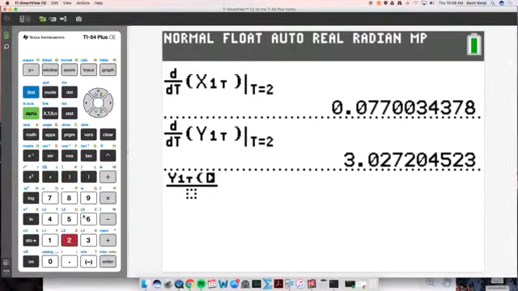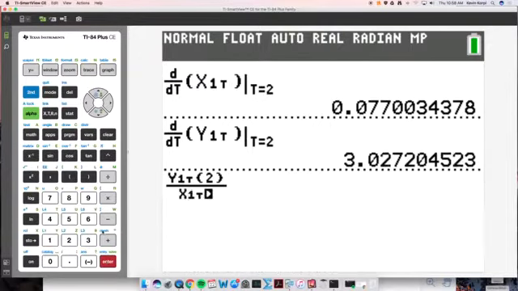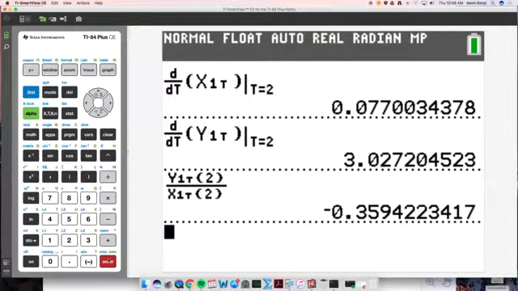Then I open parentheses, put in a 2, and then scroll down, do the same thing, alpha trace, recall what's in number 1, evaluated at 2. I've already written that down on my paper. Now I can just hit enter, and I get negative 0.359.